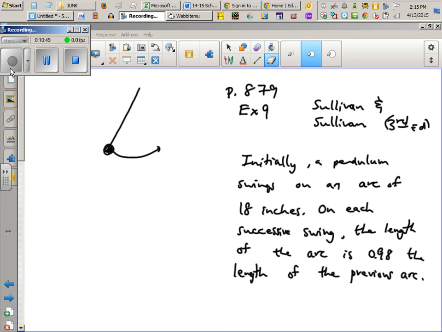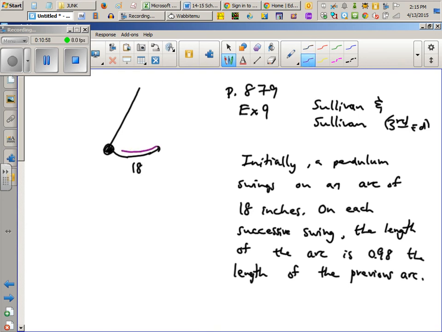So basically this thing swings 18 inches going across, but coming back it doesn't swing 18 inches, it only swings back 17.64, you see? And then it swings back 98% of that. The common ratio is 0.98, so the object can't actually attain a length of 18 on its backswing. In fact, it's diminishing as we go. So the pendulum is diminishing in its swinging amplitude, you see.